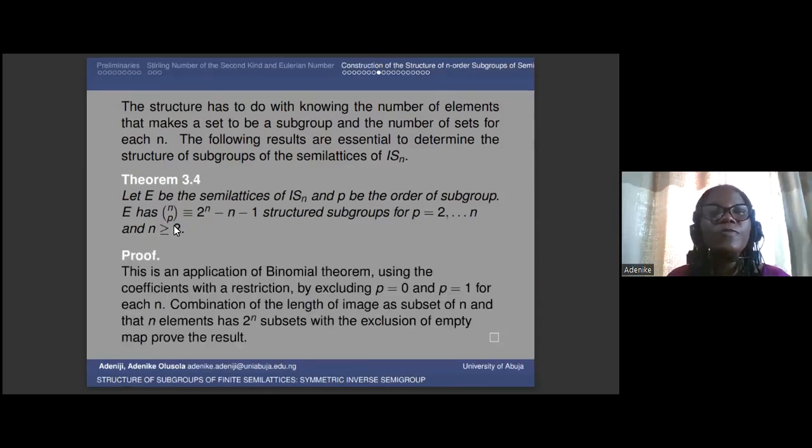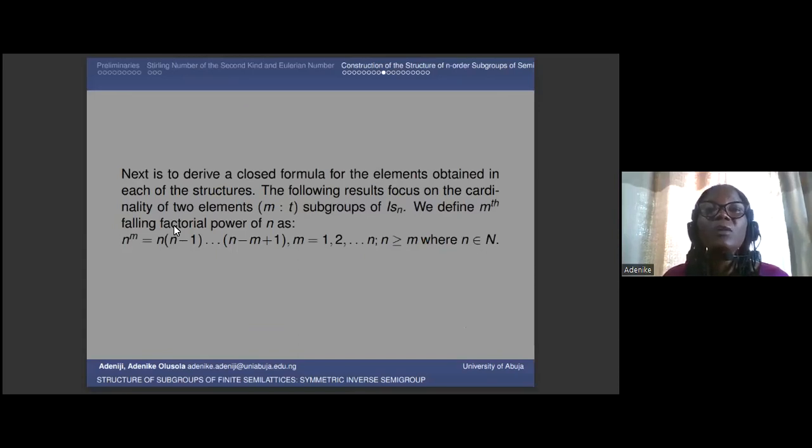The proof of this is an application of the binomial theorem, and we use the coefficient, but with a restriction. We excluded p equal to 0 and 1 for each n, and so we combine the length of image as subset of n, with the exclusion of the empty map, and then we have the result.